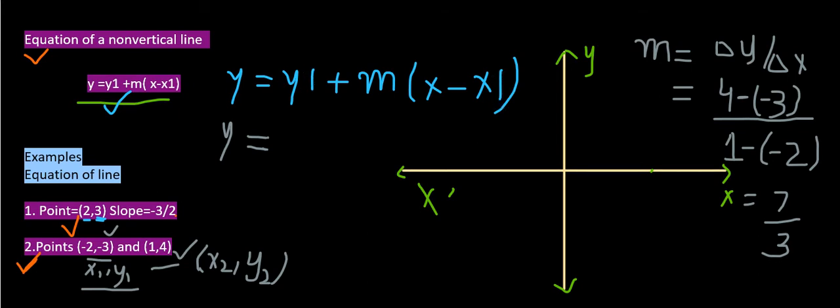But I am using the x1 and y1 values over here. This is our minus 3. Slope is our minus 3 over 7, and x minus x1 will be minus 2.